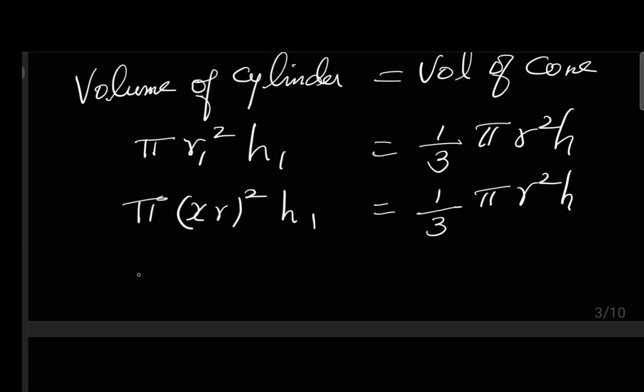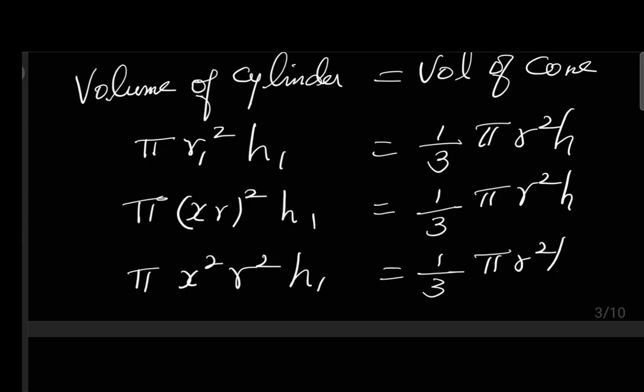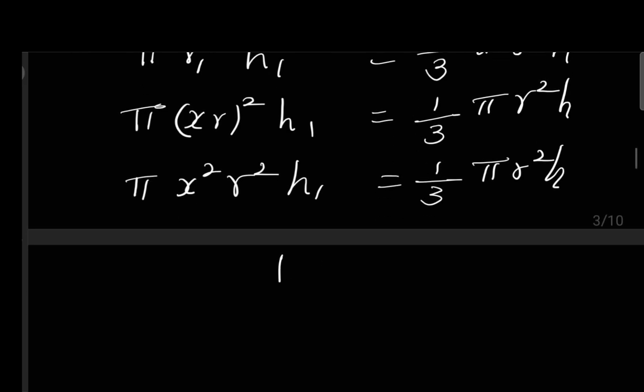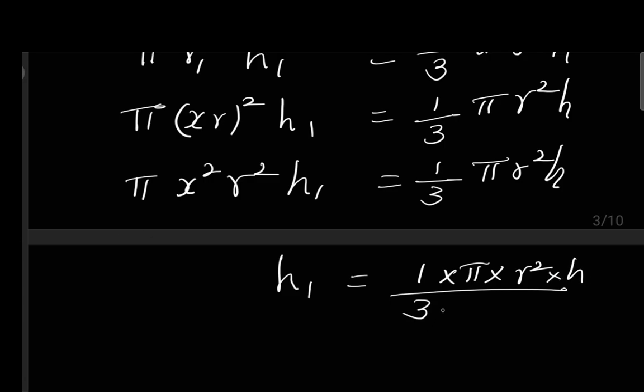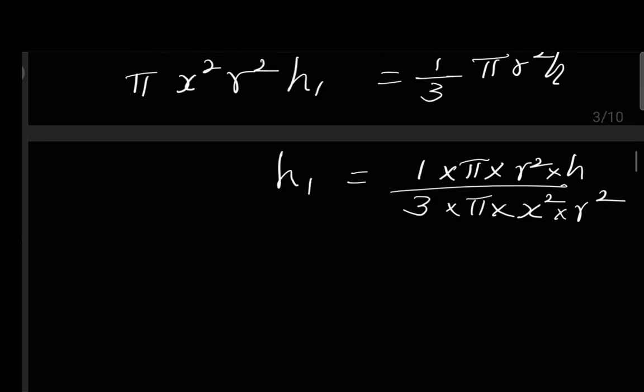So pi x squared r squared h1 is equal to 1 by 3 pi r squared h. I want to find h1. So you write this as it is, 1 by 3 pi r squared into h. Bring this to the denominator, pi x squared r squared. h1 you have to find.